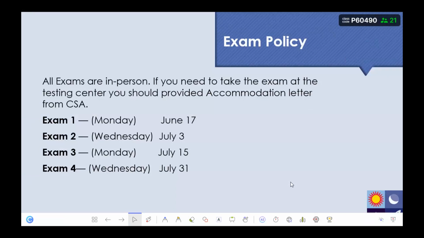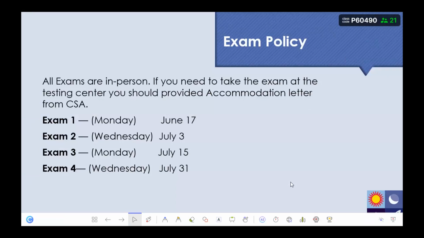So in person, in the class. If you cannot come to the exam at this time, please send me an email. Inform me before the exam. If you send me an email after the exam, I cannot do anything.